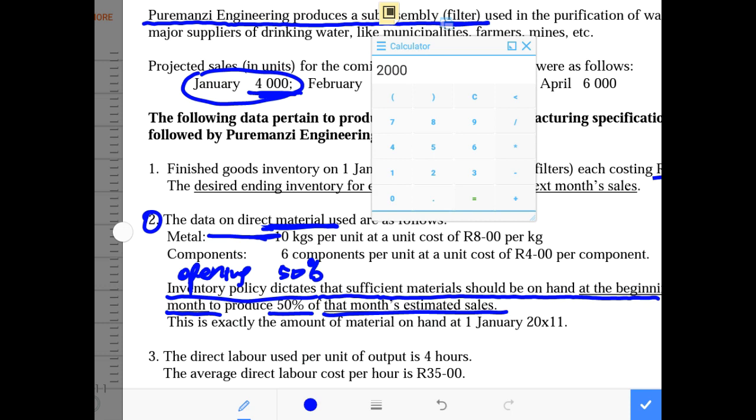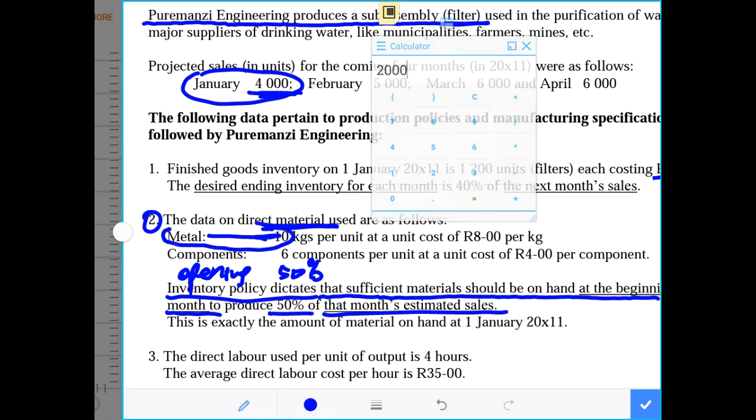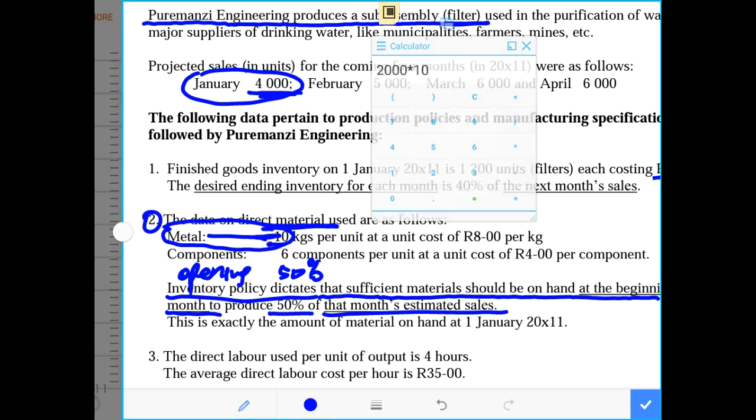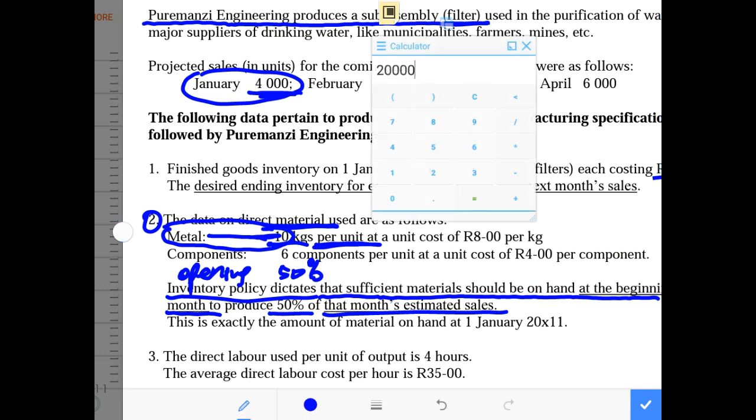We need 50% of the material that will be able to manufacture the 2,000 units. So in the case of the metal, we'll say 2,000 units times 10 kgs, because we need 10 kgs of metal to produce 1 unit. Then we multiply by 10, that will give us 20,000.